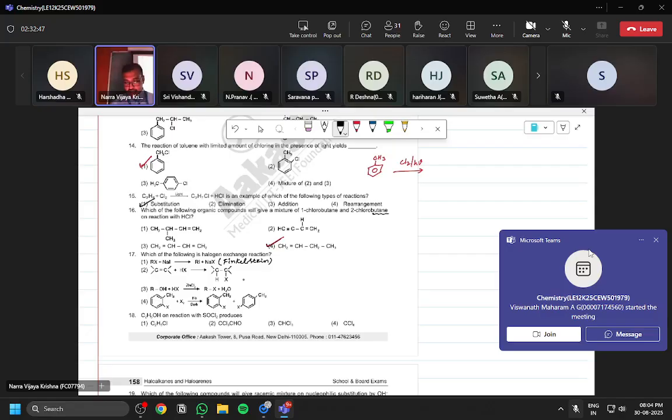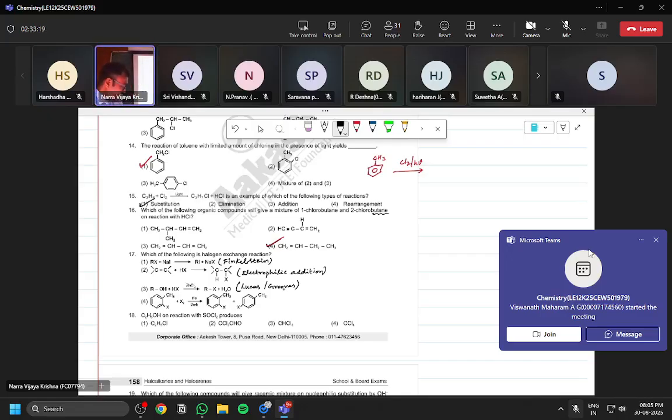So it is called electrophilic addition. Then alcohol with HX in the presence of ZnCl2. What is it? Groove's or Lucas. Correct or not? OH is replaced by X. Right? So Lucas.